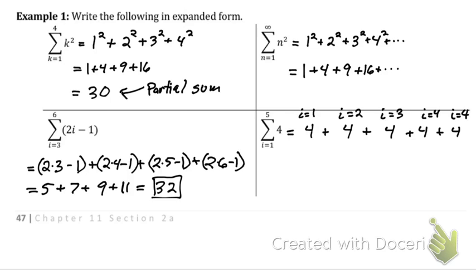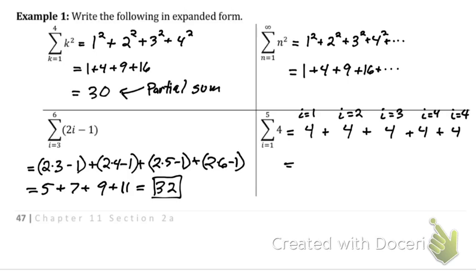You are plugging I in. There's just no place to do it, so it doesn't change it. It is just 4, 4, 4, 4, 4. That is a sequence. It just has a common difference of 0. It doesn't move. You know what the next number would be. It's a sequence. But you do have to add it all up.